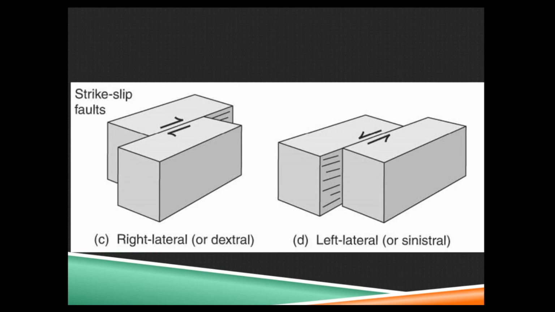So in these strike-slip settings, we have a right lateral fault shown on the left here, where regardless of which side of the fault you're standing on, if you look across, everything moves to the right. In image D, we have a left lateral fault, or sinistral fault. Whichever block you stand on, if you look across the fault, everything seems to have moved to the left.